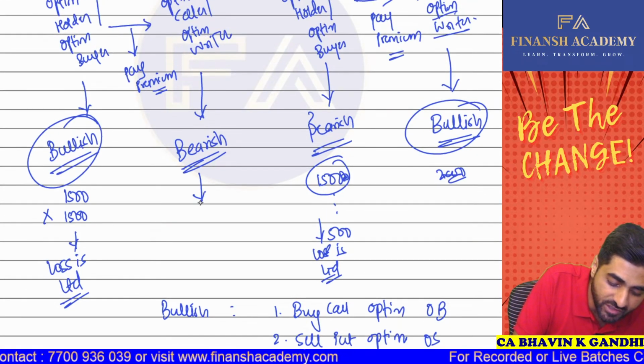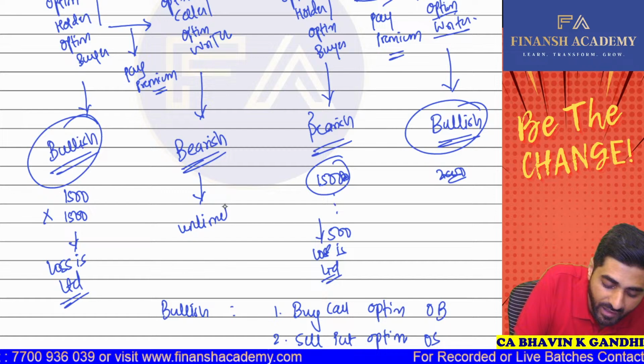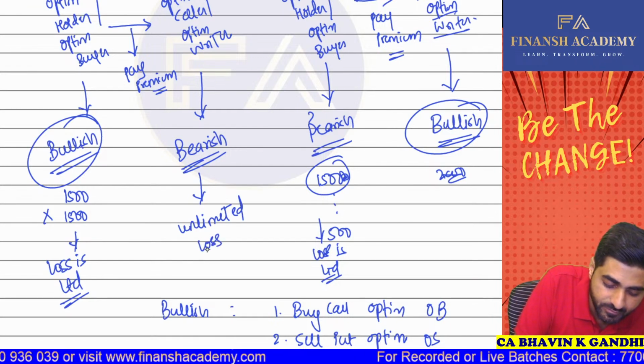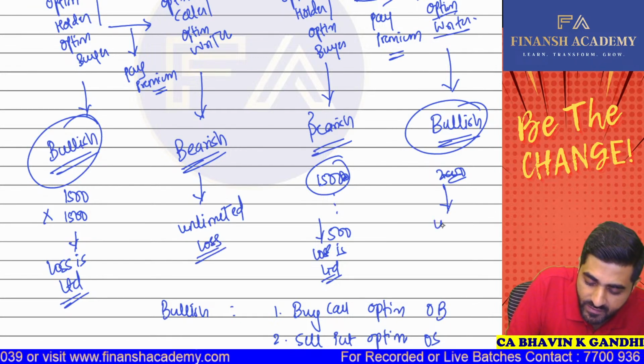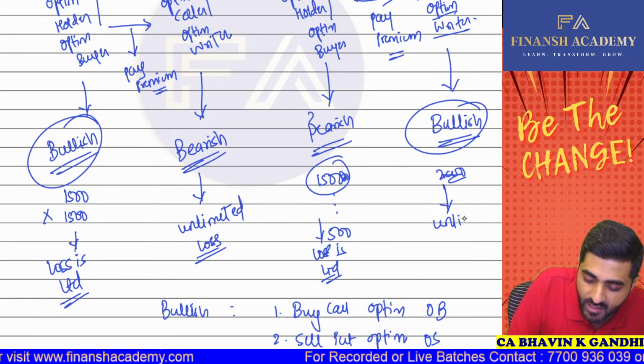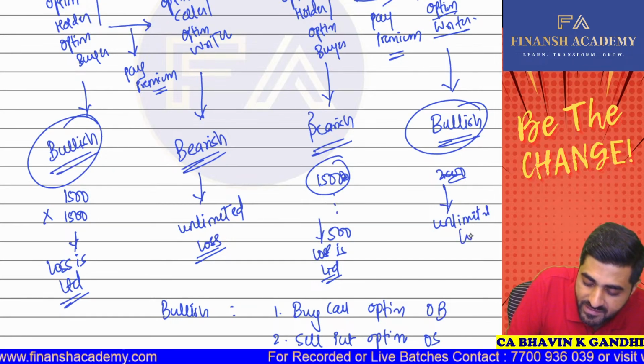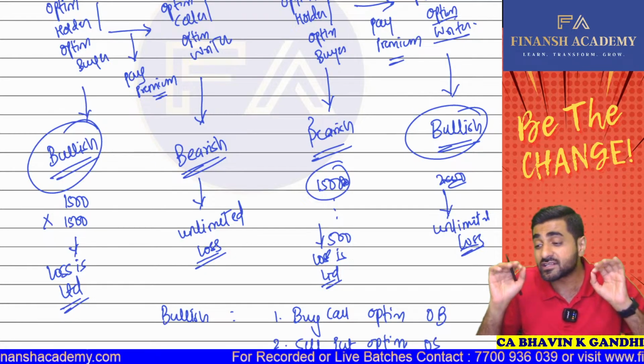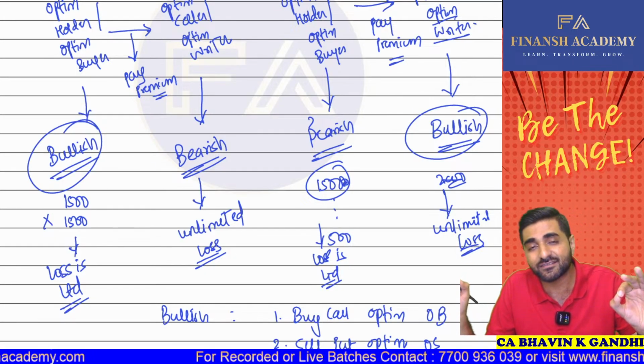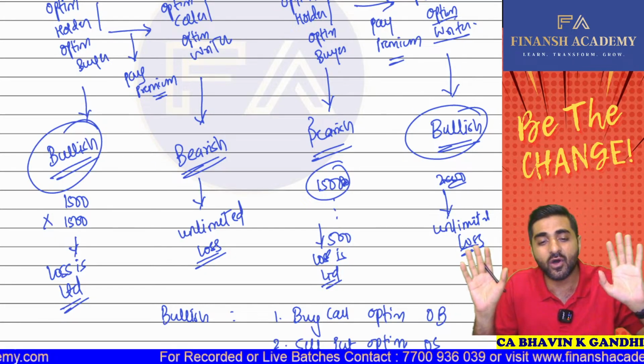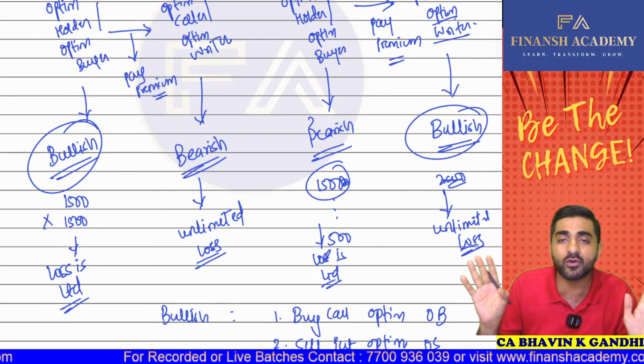And here for an option writer, there will be unlimited loss. And here also there will be unlimited loss, because you never know what the price is going to be. So an option seller always faces unlimited loss, which an option buyer is not going to face.